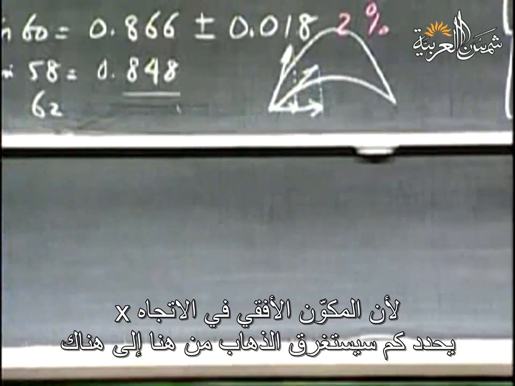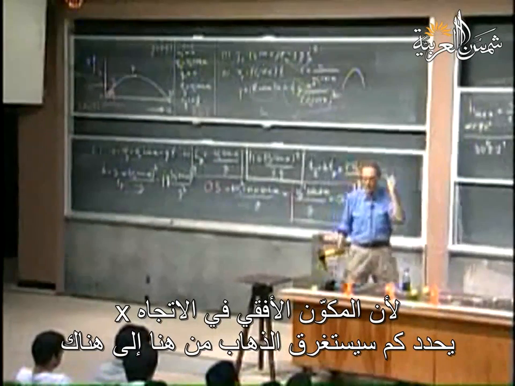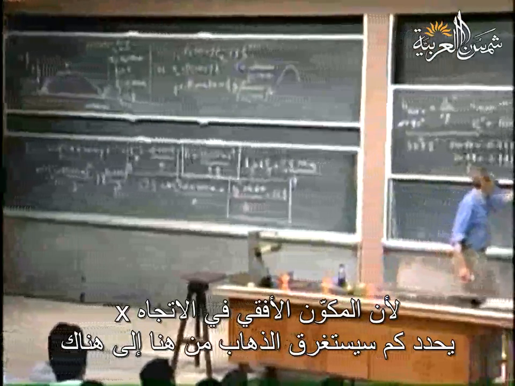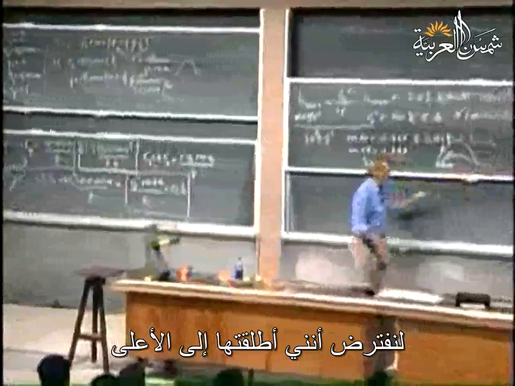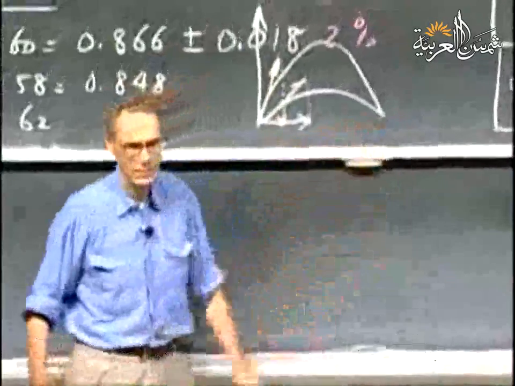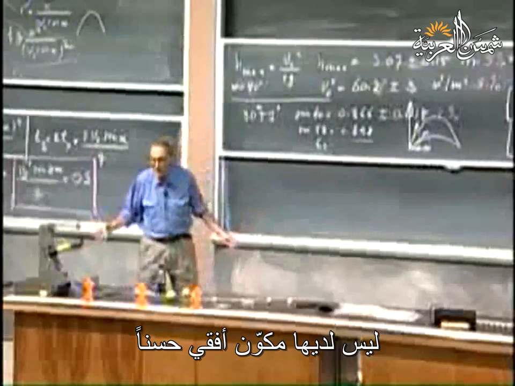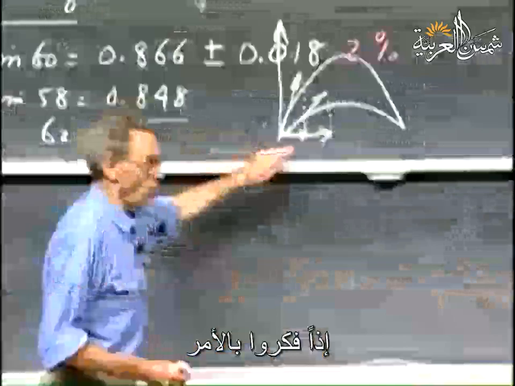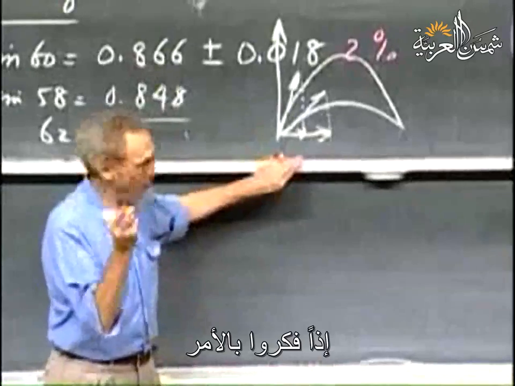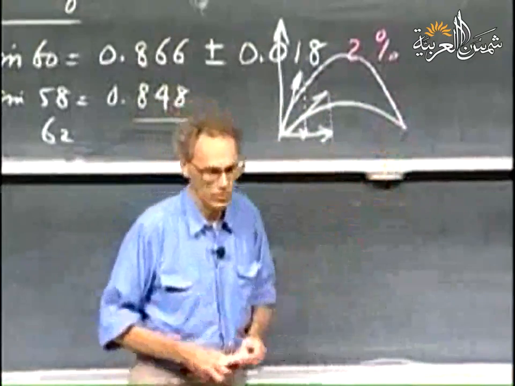Because it's the horizontal component in the x direction that determines how long it will take to go from here to there. Suppose I shot it straight up. How long do you think it will take to hit here? It has no horizontal component. All right? So, think about this. This trajectory will take longer, but it ends up at the same point.